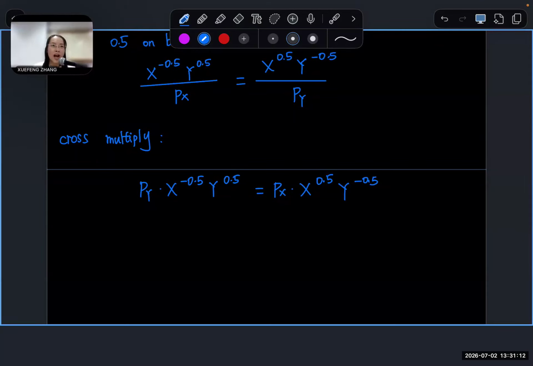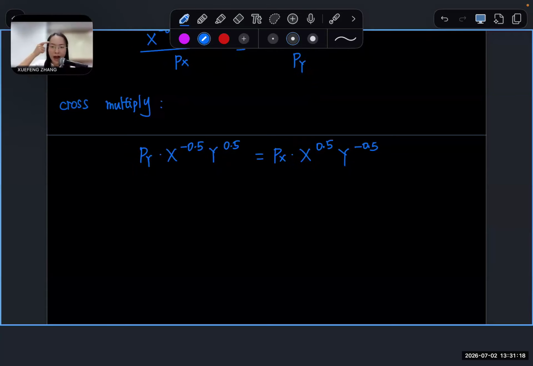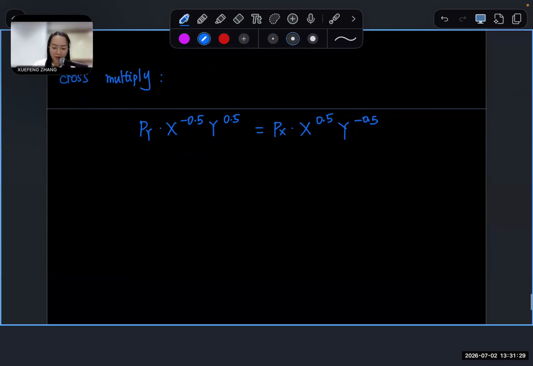We have power half, power positive half, negative half. And then we want to simplify. How are we going to simplify? We're going to simplify this equation. So we're going to divide both sides by x power negative half and y power negative half. Okay, so here we are trying to simplify.